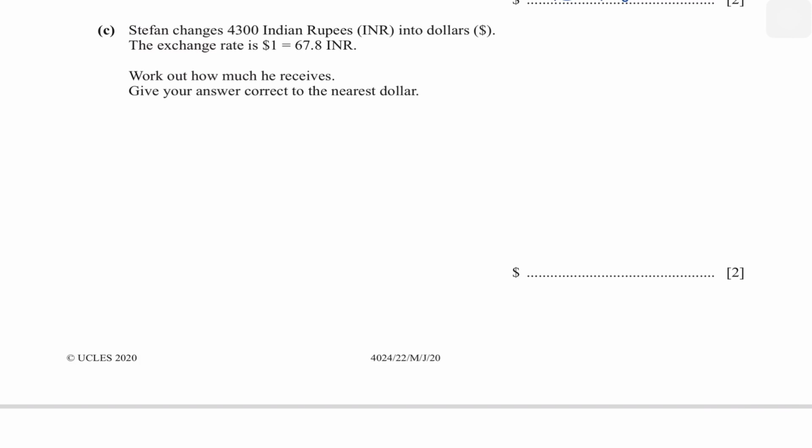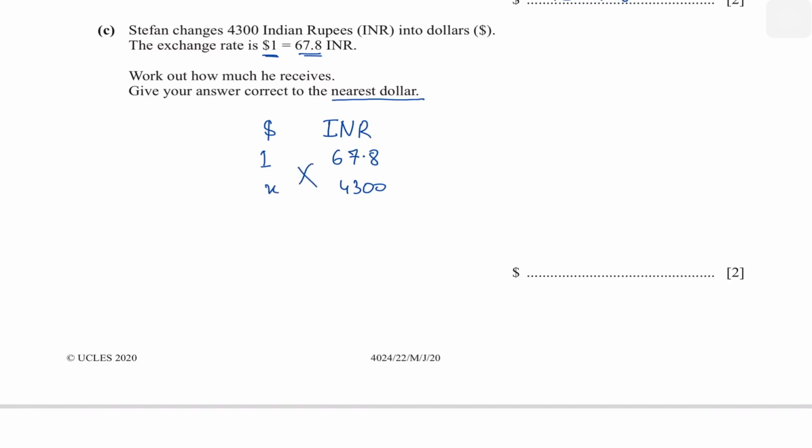Alright, now let's do part C, which says Stephen changes 4,300 Indian rupees into dollars. The exchange rate is $1 equal to 67.8 Indian rupees. Work out how much he receives. Give your answer correct to the nearest dollar. So we have to give our answer correct to the nearest integer. Let's make a column for dollars and a column for Indian rupees, INR. So $1 is equivalent to 67.8, and we write 4,300 under Indian rupees and X under dollars.